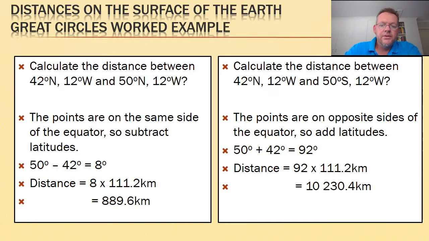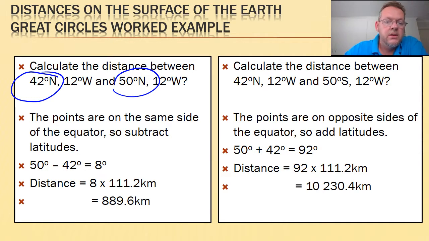We previously looked at these two worked examples as well, looking at the distance from one part on a line of longitude to another part on a line of longitude, noting that this is a great circle. So if I'm traveling here on this surface of the Earth, traveling down, I'm traveling from 42 up to 50.